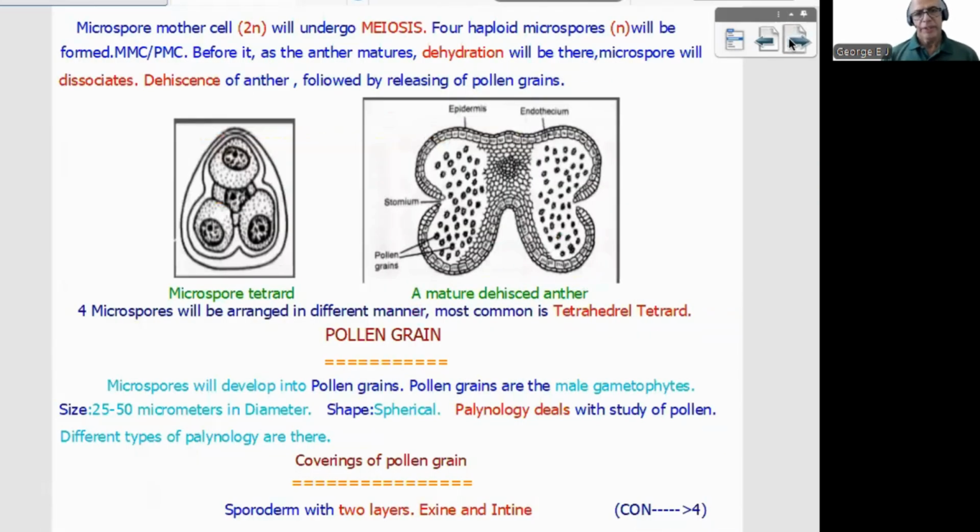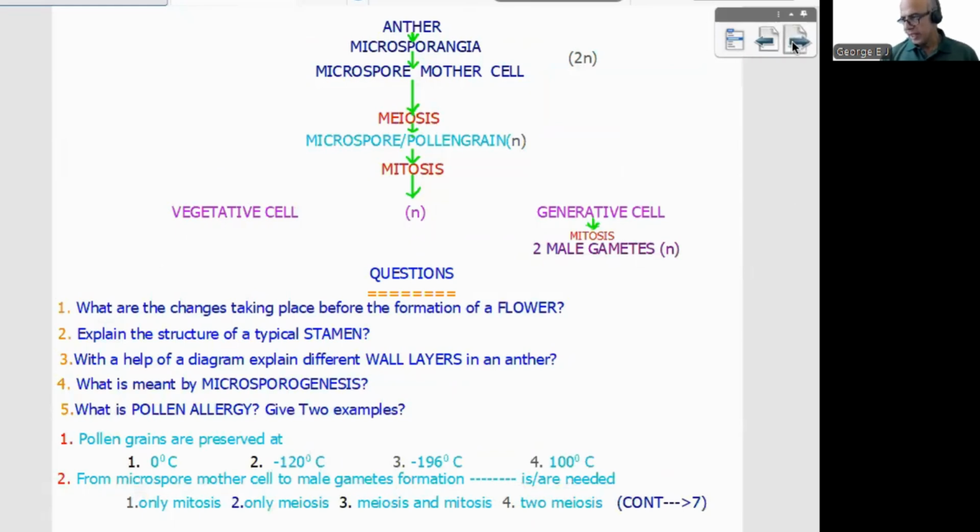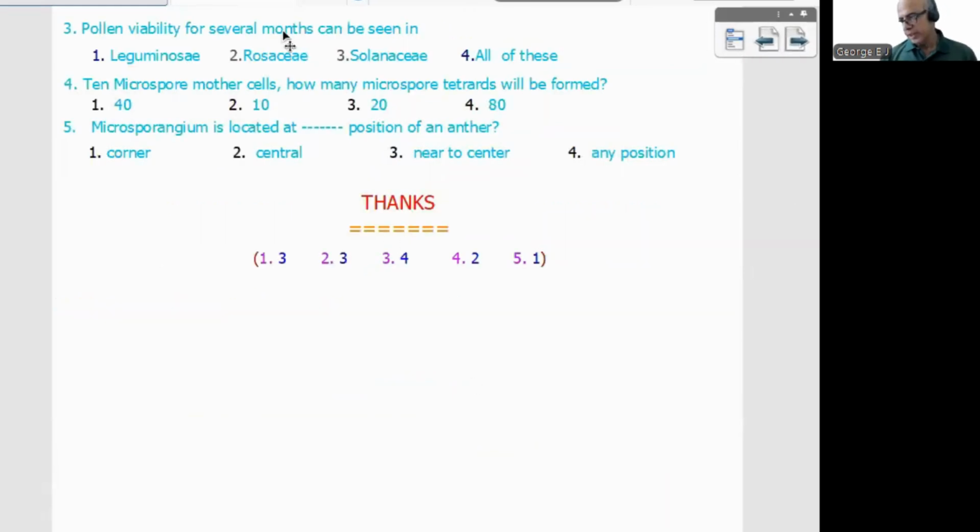Then pollen grain, their size, layers, importance of exine, importance of intine. Exine is sporopollenin, intine is pectocellulose. Then exine sculpturing, ornamentation. After that, cryopreservation, pollen banks, pollen viability, pollen allergy. Then finally some questions regarding microsporogenesis and microgametogenesis.